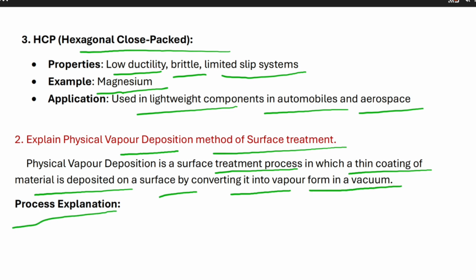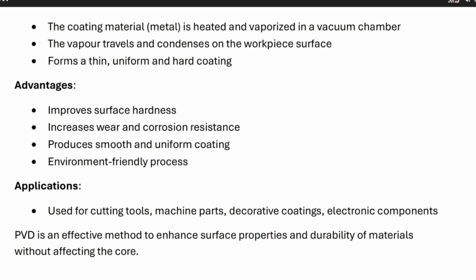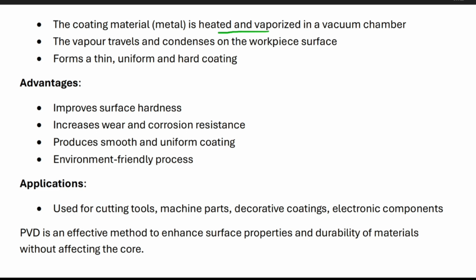Coming to the process, first the coating material or metal is heated and vaporized in the vacuum chamber. The vapor travels and condenses on the workpiece surface, forming a thin and uniform hardening coating.